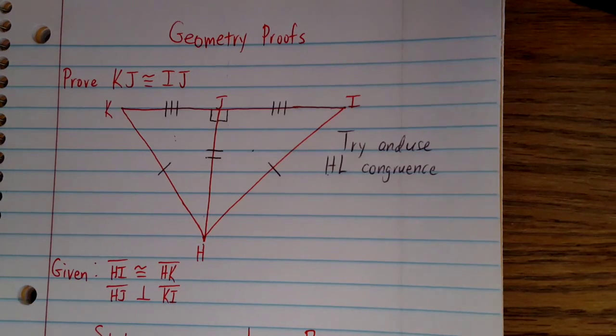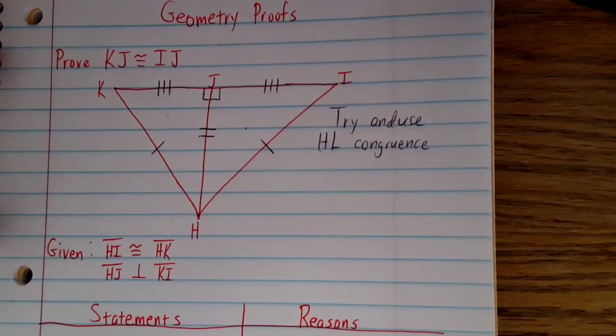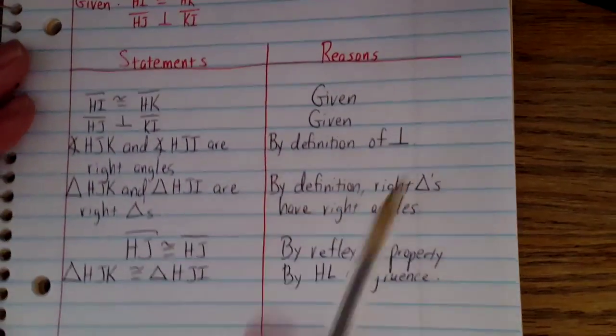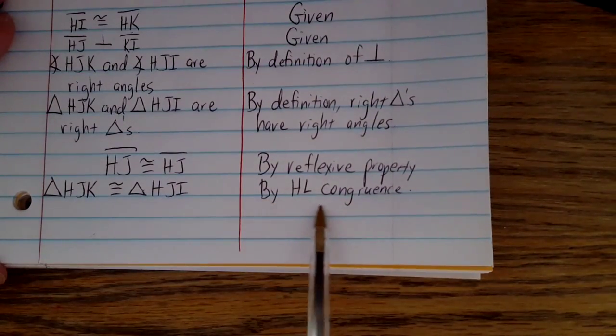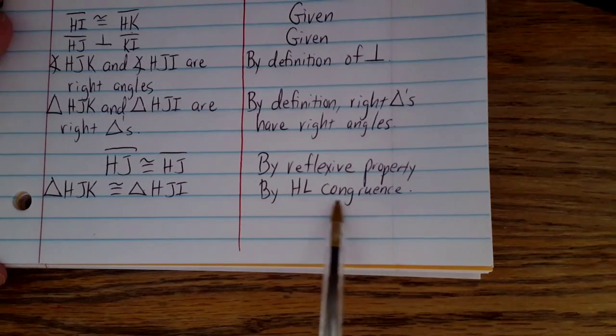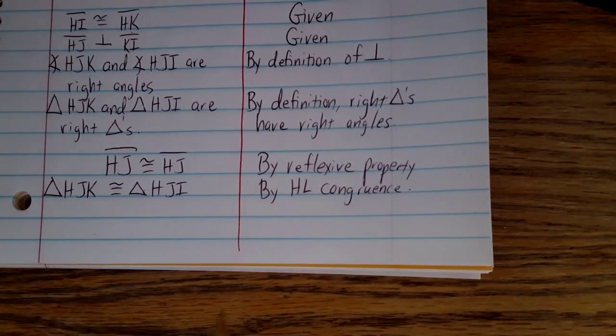CPCTC is an acronym in geometry for corresponding parts of congruent triangles are congruent. And the only time you want to use that is after you've already shown that the triangles are congruent, whether it's HL, side, side, side, side, angle, side, whatever.